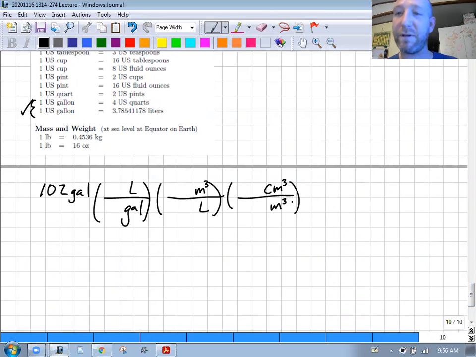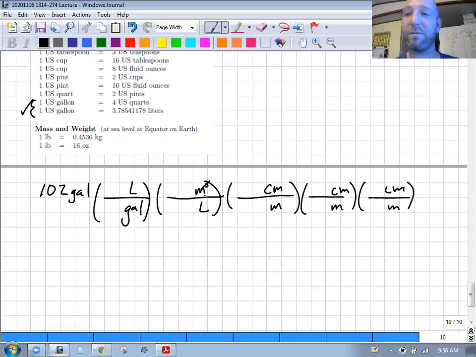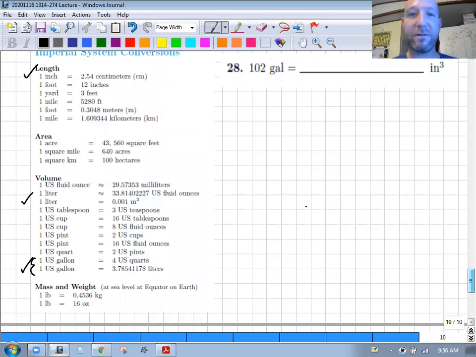We'd have to do the meter to centimeter conversion 3 times. We've got it to centimeters cubed, but we want inches.